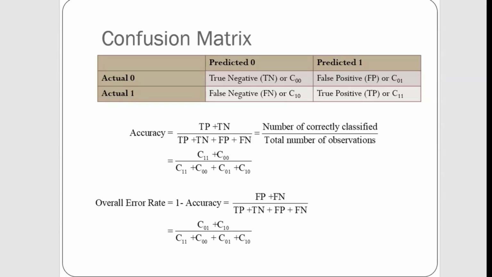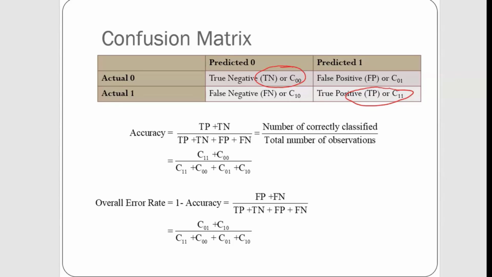For example, the first cell is what we call a true negative. The record belongs to class 0 and the model correctly predicts it to belong to class 0. So this is an accurate prediction. And then the fourth cell, which is C11, is when the record actually belongs to class 1 and the model correctly classifies it as class 1.